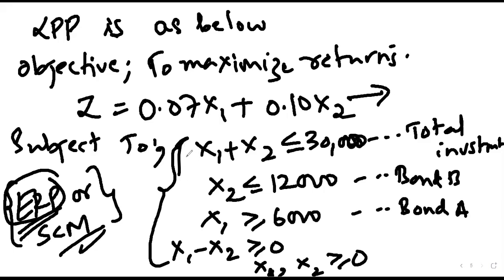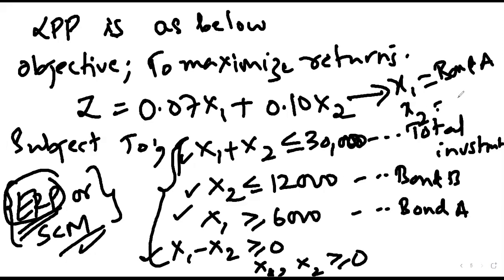So as a consultant, we can enter all these constraints into that particular system, and the outcome would be the total amount to be invested in bond A and the total amount to be invested in bond B. So this we can easily identify using an ERP system.